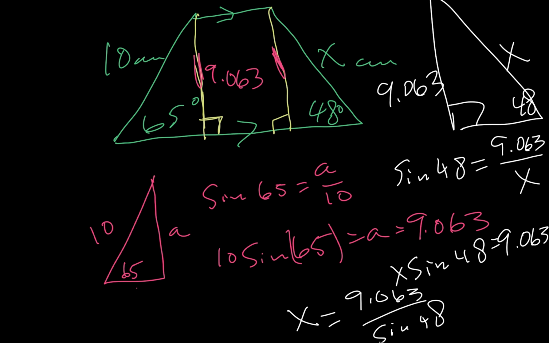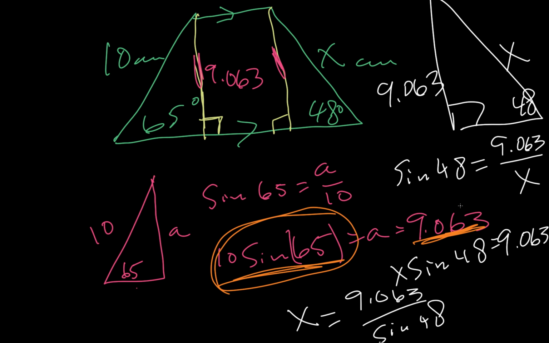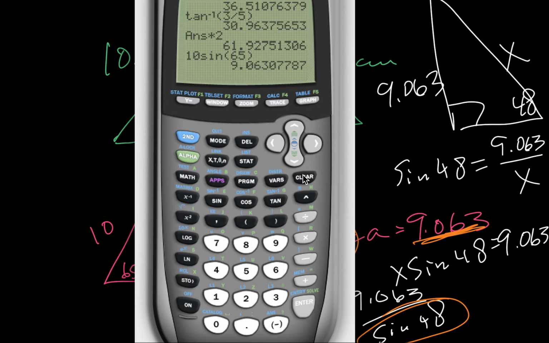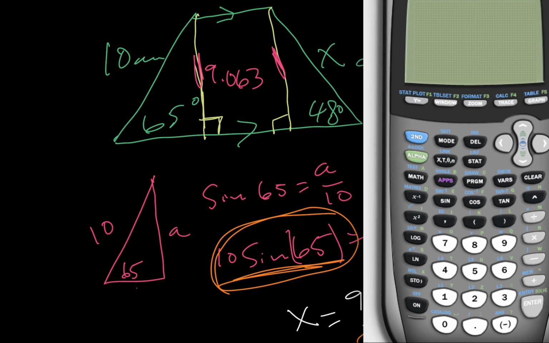Now, because we want to get an exact answer, this and this are the same thing. So when I type it into my calculator, I'm actually going to type in this instead of this. So this divided by this. So let's open up the calculator. I'll clear the screen to make this clear.